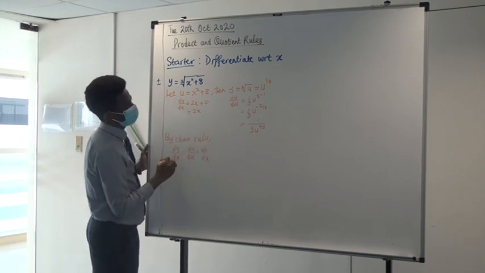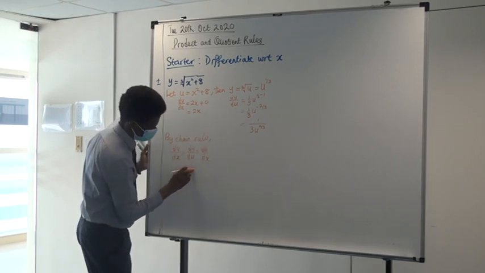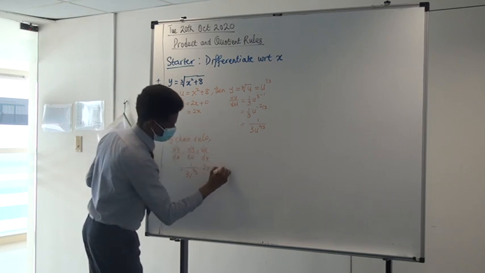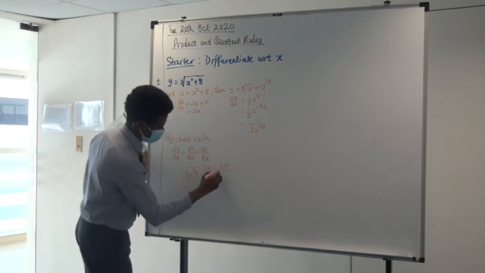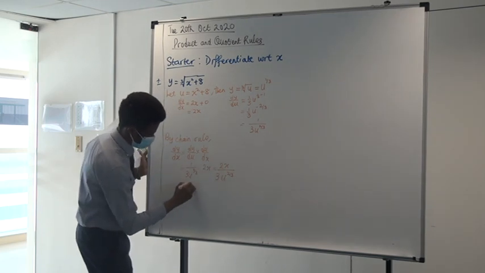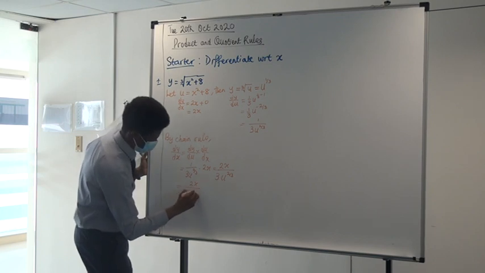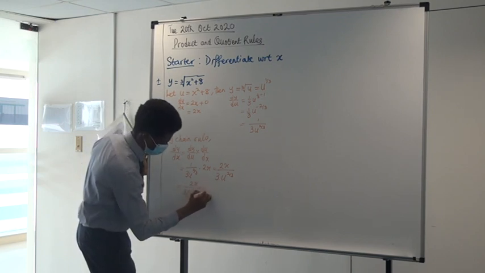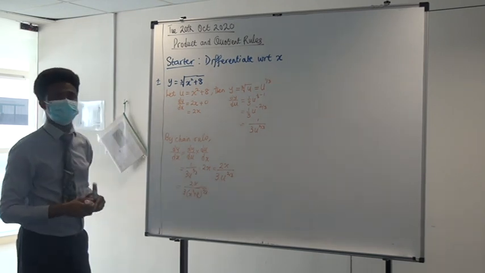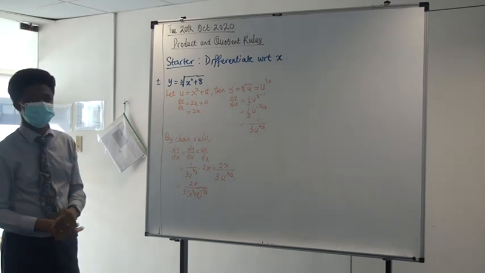Now, dy/du is that. du/dx is this. So basically this is 2x divided by 3u^(2/3). So I can write it as 2x divided by 3(x squared plus 8)^(2/3). You don't have to write it as square root or anything. Fractional power is allowed. And if you must, that will be cube roots, everything raised to power 2. But this is fine.